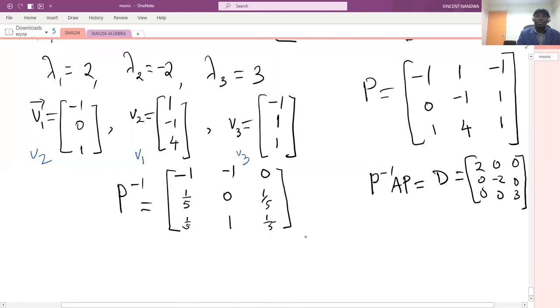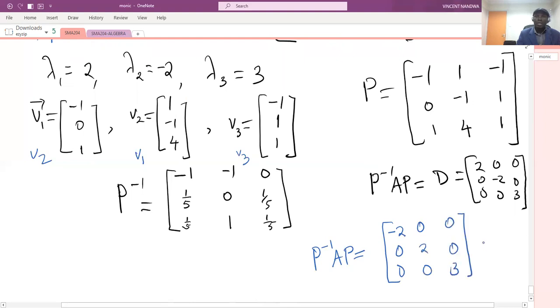And when you do the correct thing, P inverse AP will be a diagonal matrix, but now the order of the elements will be negative 2, 0, 0, 0, 2, 0, and then 0, 0, 3. So this is how your diagonal matrix will look.